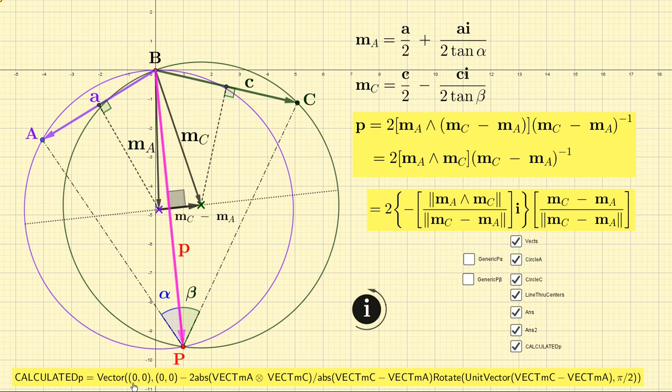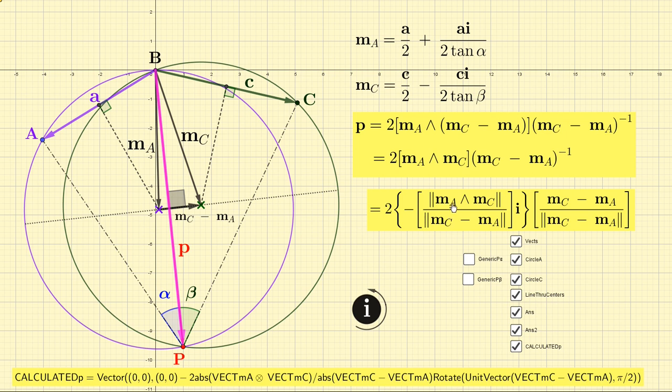So I'll leave aside exactly what's going on, but taking the easy part first, the rotation that is effected by I is implemented by the command rotate by 90 degrees of the unit vector of the vector VECTmC minus vector MA. So this part here is the rotation of this unit vector.